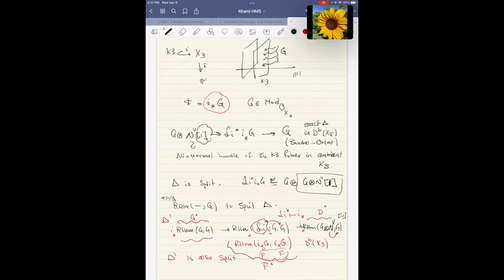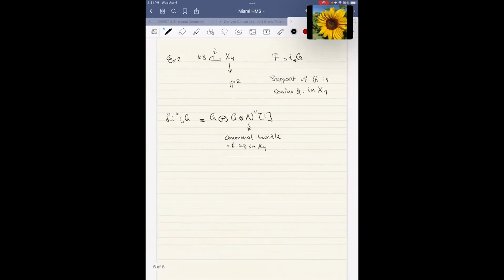Before it was rank 1. Plus the Koszul resolution tells you that you will get G tensor the second wedge product of the conormal bundle, shifted by 2. This is what you will get. And in fact, this conormal bundle is isomorphic to O_K3 plus O_K3.